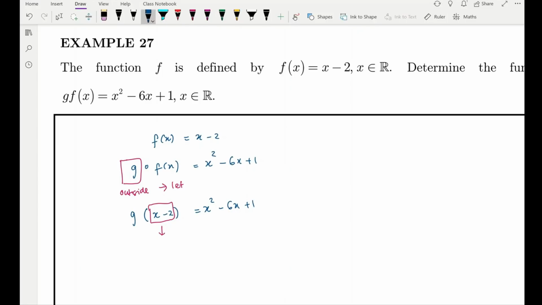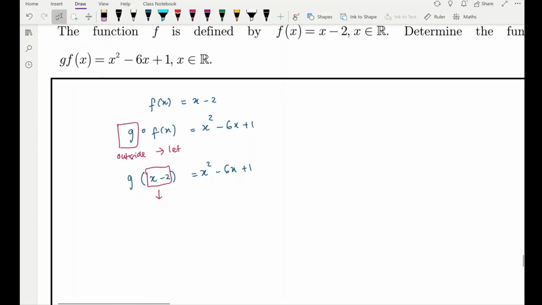So we let, for example, u as x minus 2, and then we make x the subject. What we are going to do is substitute x on the right side.